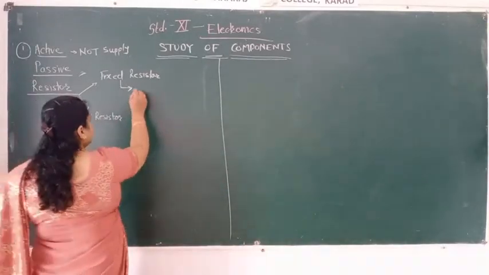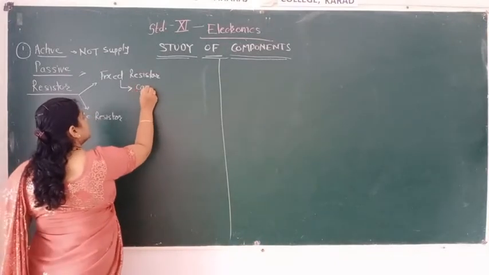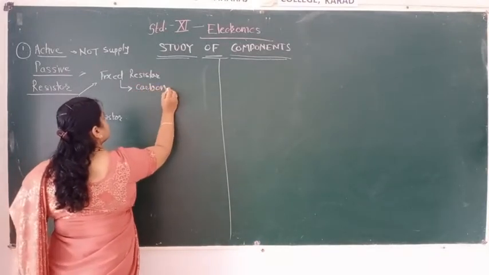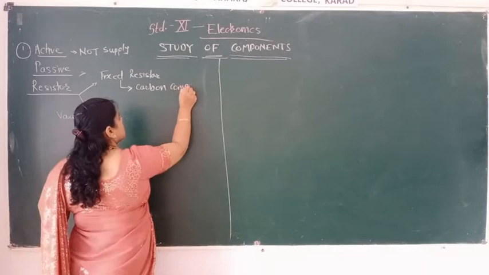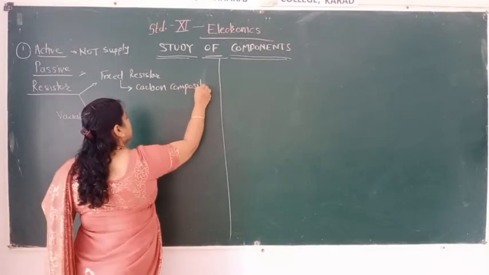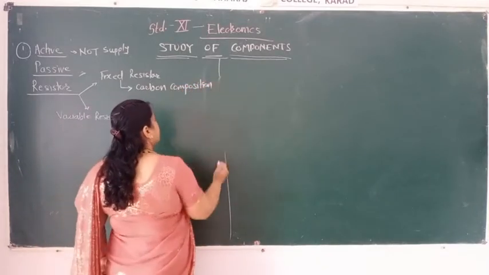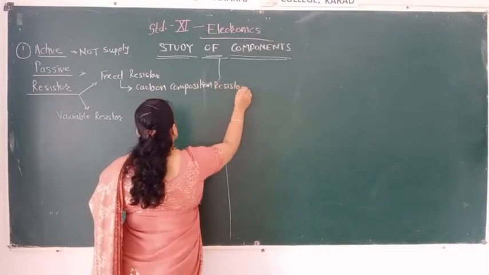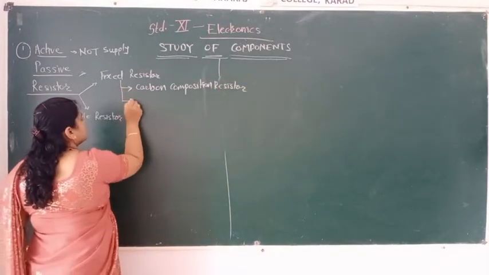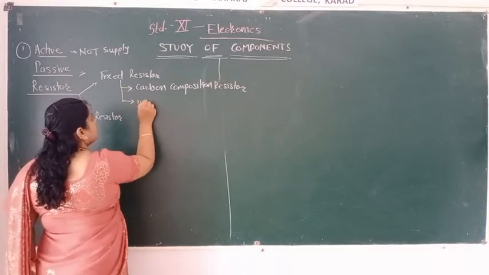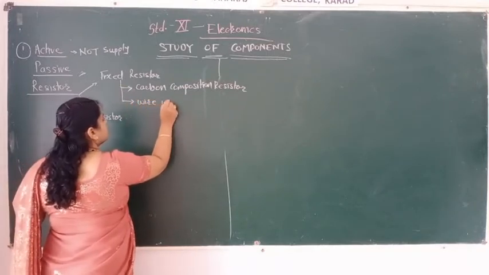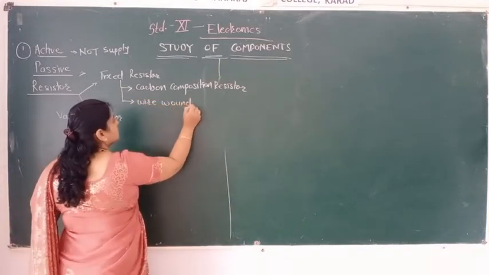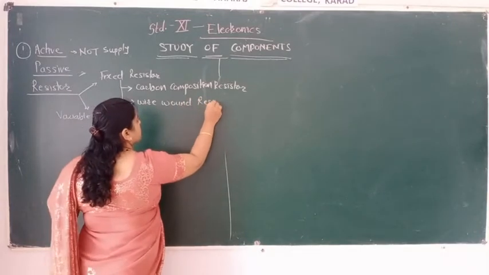There are again three types of fixed resistor. First is the carbon composition resistor. Second is the wire wound resistor.